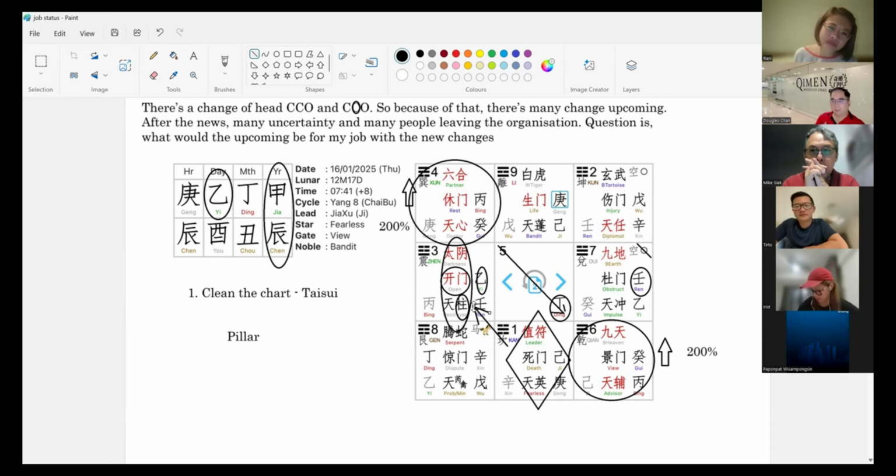Geng is yang metal. Remember there's yin and yang? Then Sing is yin metal. So in terms of ranking, the Geng is higher than the metal of Sing. If you put Geng and Sing side by side, Geng is much stronger than Sing.